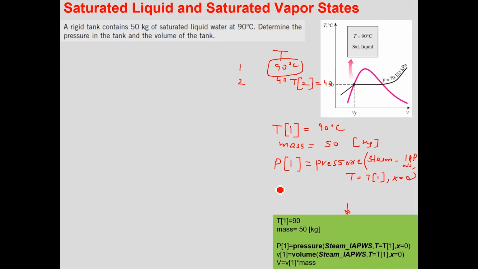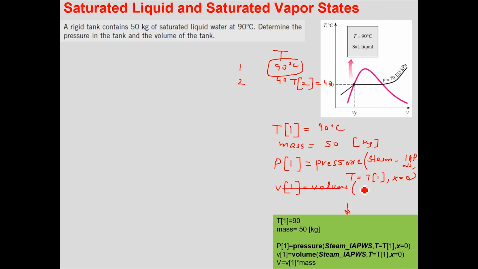Similarly, I asked the software to find out the value of specific volume and store it in the column having small v and row 1. How would the software find out the value? You'll use the inbuilt function of volume. When you use the inbuilt function of volume, the software would automatically find out the specific volume. From where?